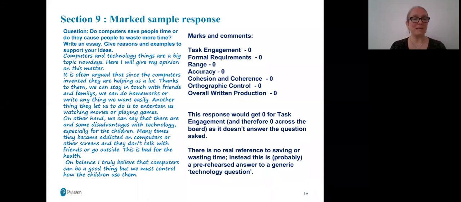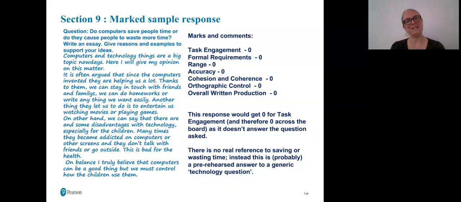I think what's probably happened is that the test taker has practiced a fairly general essay on the advantages and disadvantages of technology in our society, and they've simply reproduced this in an exam situation without carefully looking at the task and writing something that's specific to the question asked.